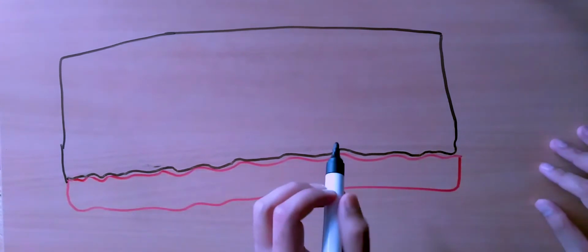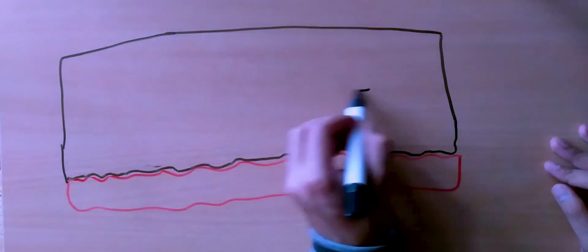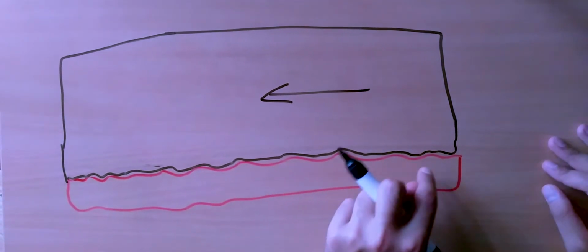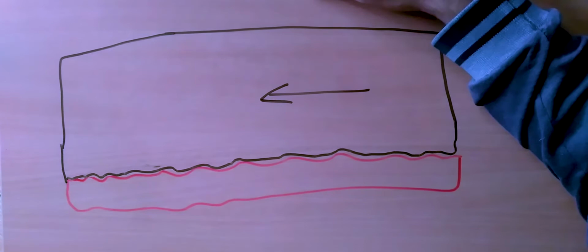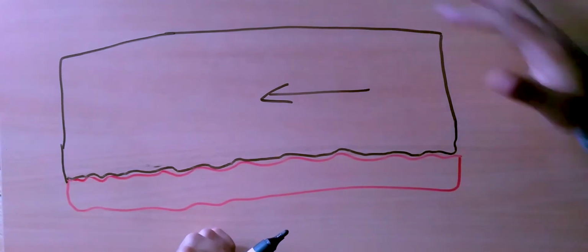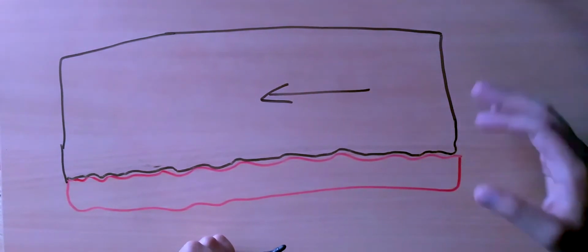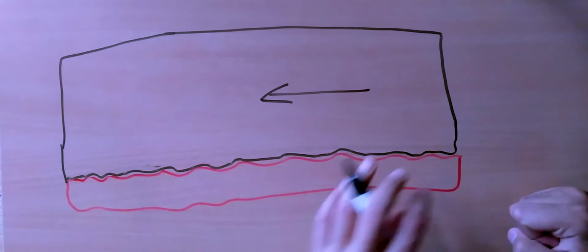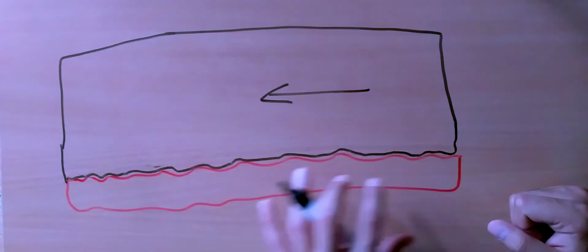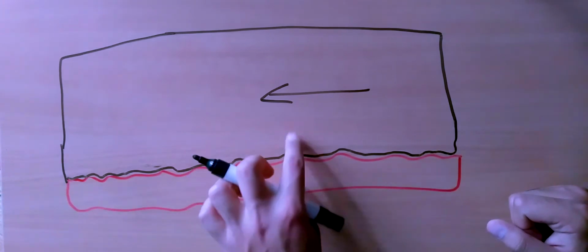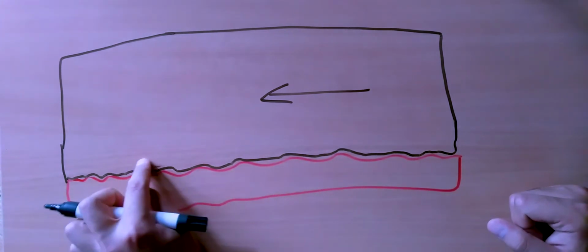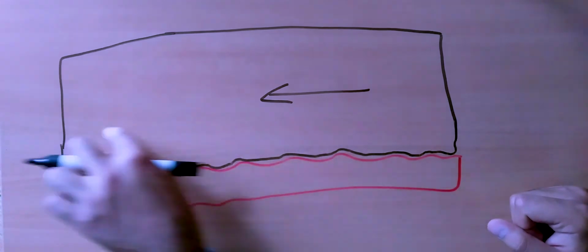If I push this object in this direction, these interlocked projections will try to resist the motion, and I'll have to apply a higher amount of force to overcome these restrictions due to the interlocking. And when I overcome that interlocking, only then can I move the object in that direction.